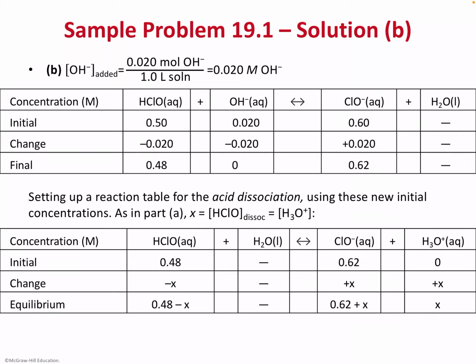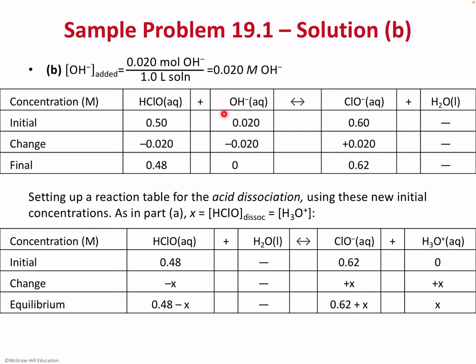Now we don't have to represent the change in x, because we have acid 0.5 and hydroxide 0.02. This is a small amount, so all of this hydroxide is going to react with the acid component. The change is going to be the amount of hydroxide ions.